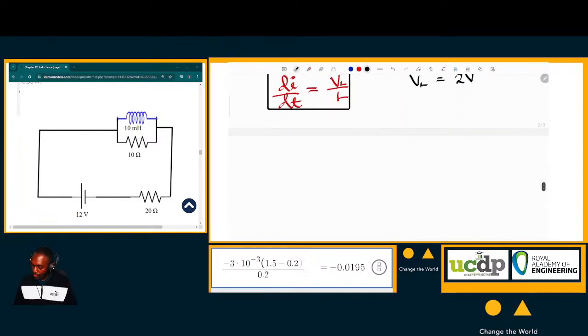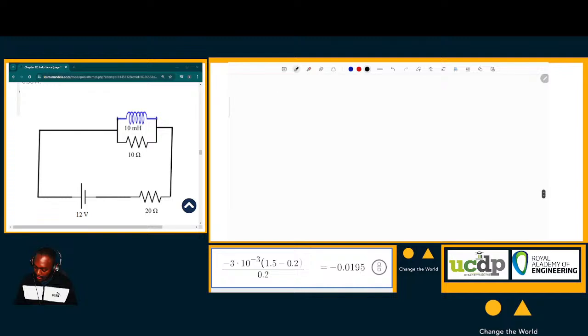So which means that you can now find your di over dt. Di over dt will be equal to the voltage across the inductor over the inductance, and this will be 2 volts over the inductance, which is 10 to the negative 3.